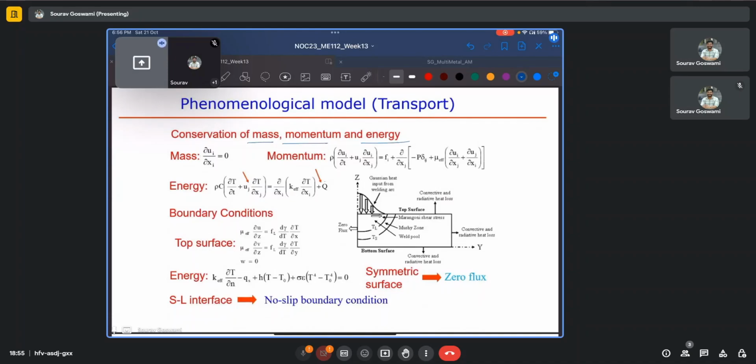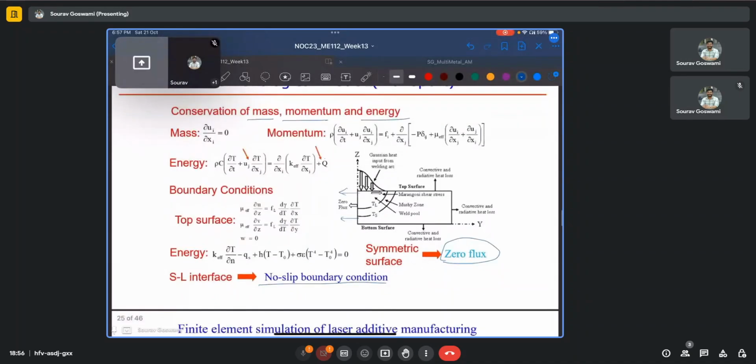And by proper application of the boundary conditions around each of the surfaces and by conserving these quantities, along with certain necessary assumptions such as the no slip boundary condition between the solid liquid interface in the mushy zone, as well as for a symmetric surface or a symmetric domain. If we divide the domain into two and solve for only half of the domain, we can assume zero flux along the surface of symmetry.